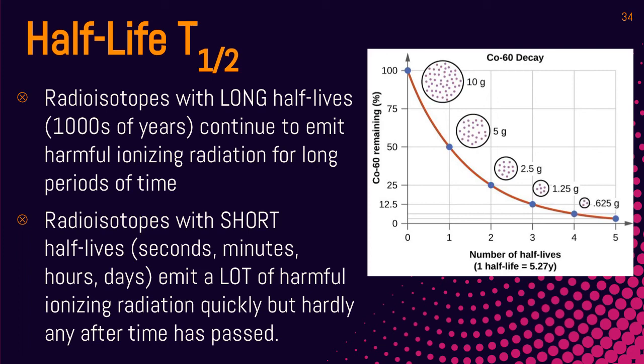But after some time has passed, the sample has decayed so much, it's not releasing very much radiation at all. So they're very different. Something with a very long half-life, we would not want to be around it for very long because it's continuing to emit low levels of radiation. Something with a very short half-life, we wouldn't want to be near at all while it's decaying, but after it's had a chance to decay for seconds, minutes, hours, days, then it wouldn't be emitting very much radiation.